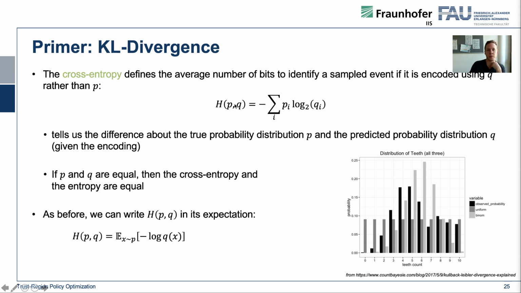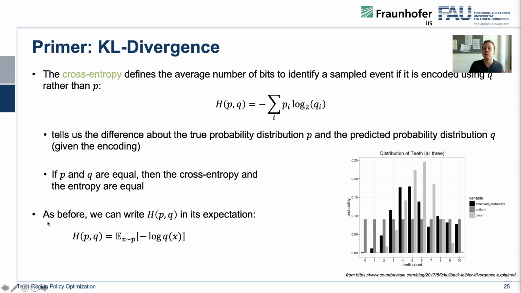So the cross entropy between P and Q is the negative sum of the weighted probabilities of sampling from P and encoding with Q. This tells us the difference between the true probability distribution P and the predicted probability distribution Q given the encoding. If P and Q are equal, then the cross entropy becomes the entropy, because they are both the same values.